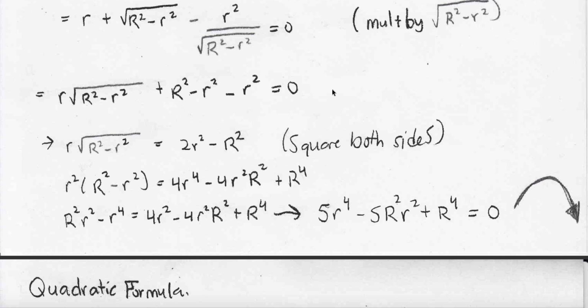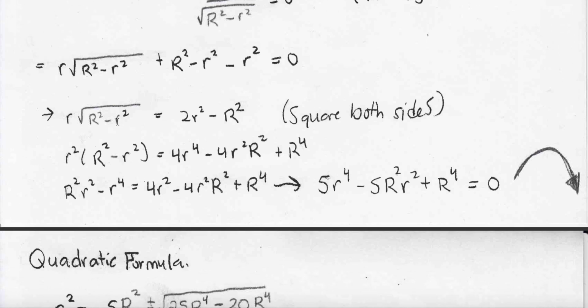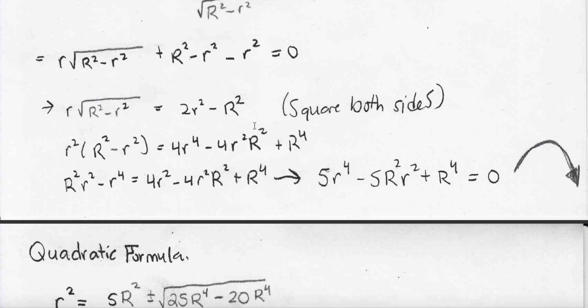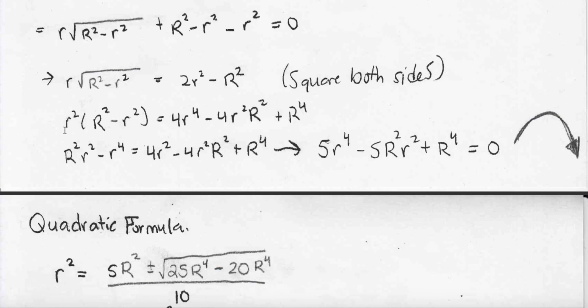Add little r squared, and subtract cap R squared to the other side, and I get little r times the square root of cap R squared minus little r squared equals 2 little r squared minus cap R squared. To solve this, I have to square both sides, and I get the following expression. Little r squared times cap R squared minus little r squared equals 4 little r to the 4th minus 4 little r squared cap R squared plus cap R to the 4th.